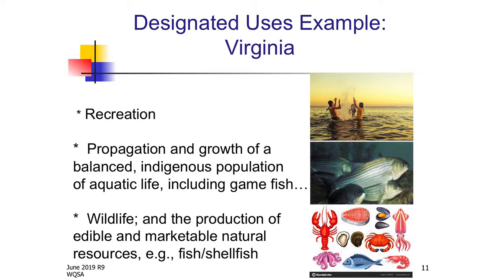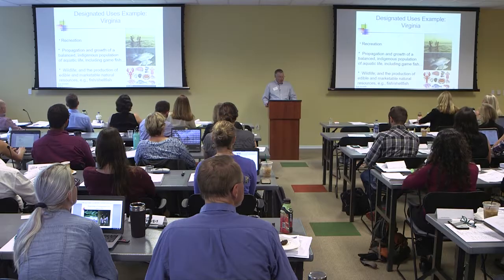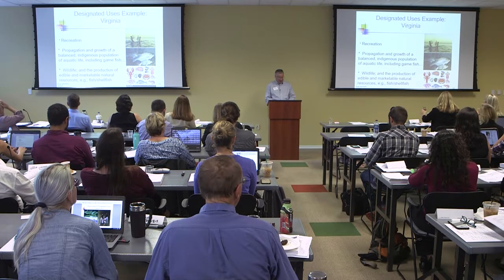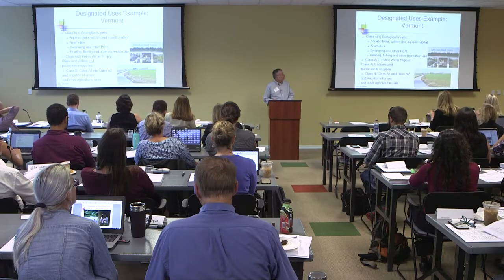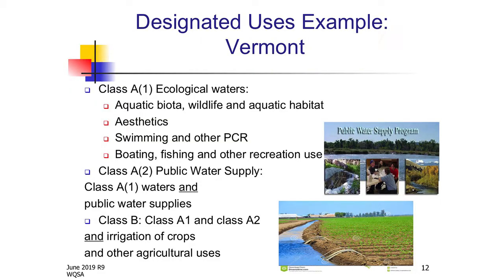So they're using a designation system where they can specifically designate multiple uses to each water. Or, as we'll see in the next slide, we have Vermont. This is a classification system where they're designating a class, but the class contains multiple different uses. So there is no standardized way of designating uses.